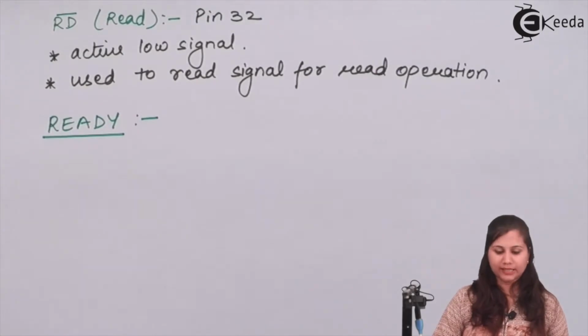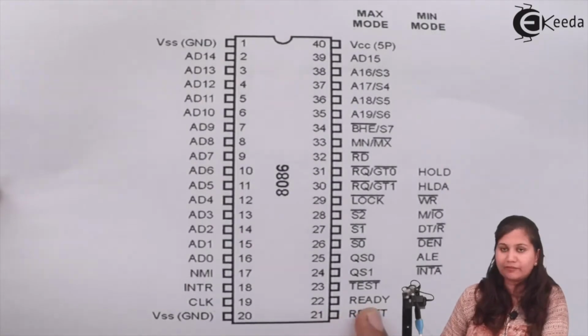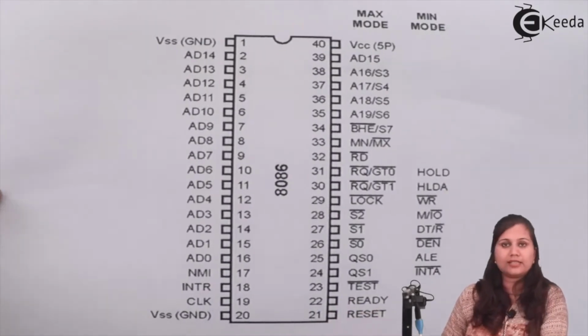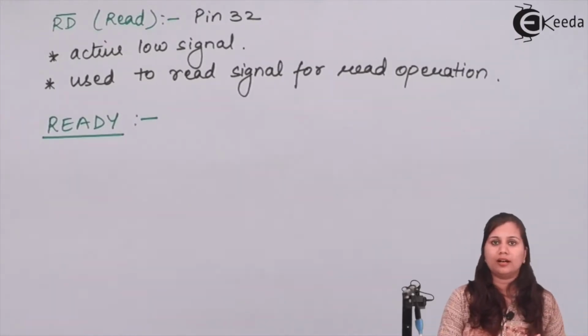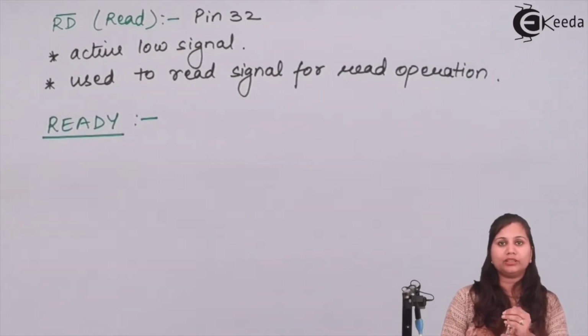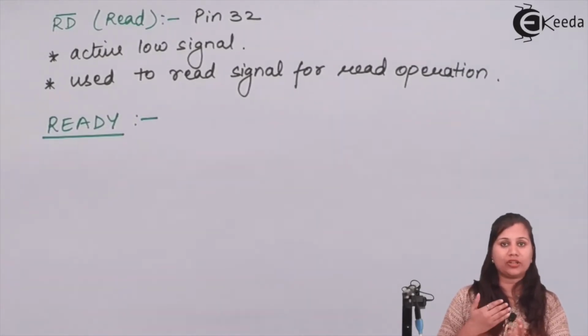Then we have ready. This ready signal is available at pin number 22. Now this signal is used by the peripheral devices, meaning the input output devices which are connected with the 8086 microprocessor. The 8086 has a very high processing speed, but there are some peripherals which do not have such high speed.